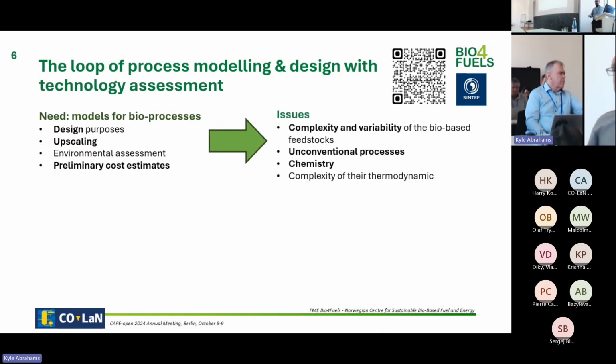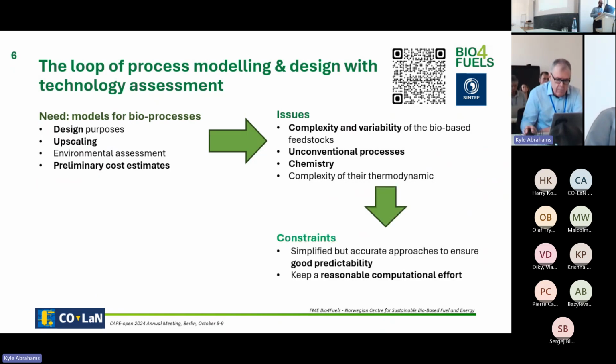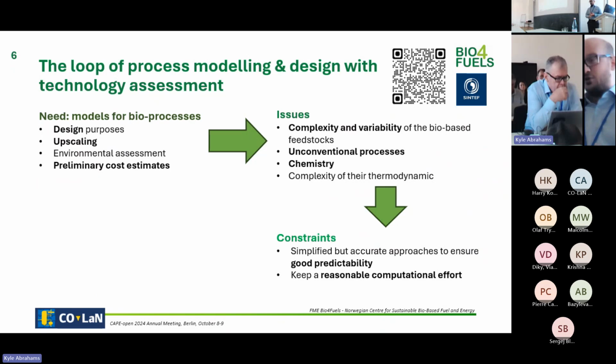So I need a model, but the model needs to account for the complex and huge variability of my feedstock and my operating conditions. So I need a rigorous model for a conventional system. There is a constraint. The system accounts for thousands and thousands of molecules, but I cannot manage thousands and thousands of molecules in my process simulator.